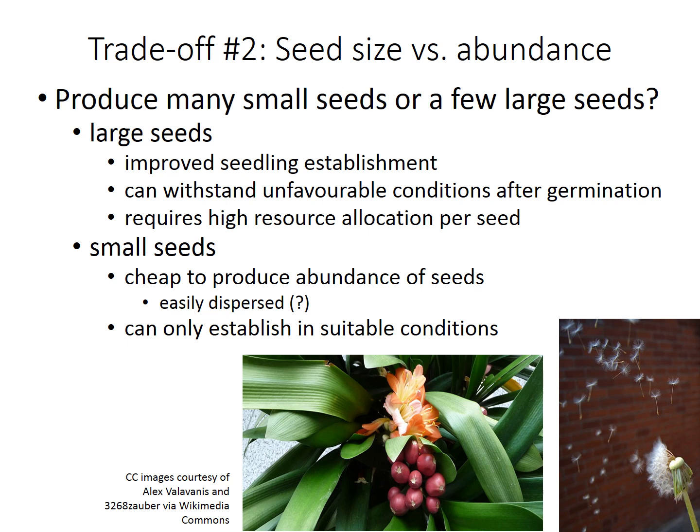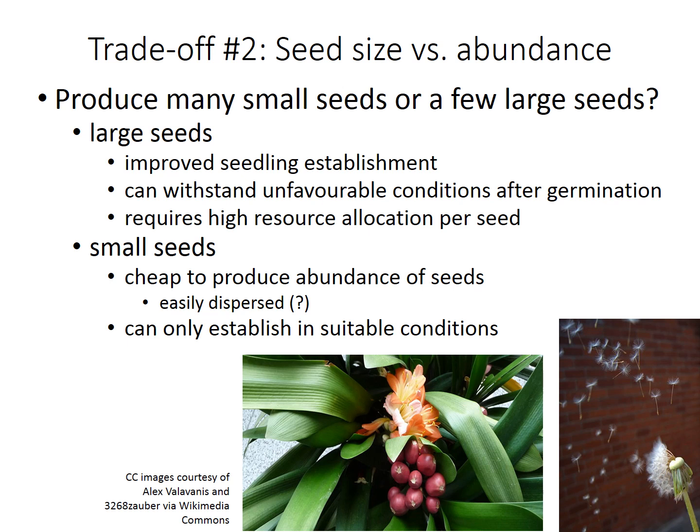This, of course, requires a lot of resources to be given to each seed, and the trade-off then is that not so many seeds can be produced. On the other hand, small seeds are really cheap to produce, so a massive number can be produced, and they also tend to be easily dispersed, although obviously a plant could also invest in dispersal structures if it wanted.